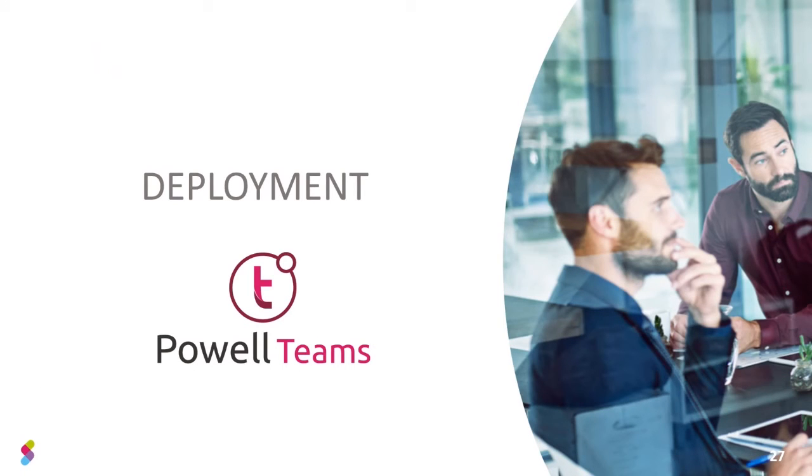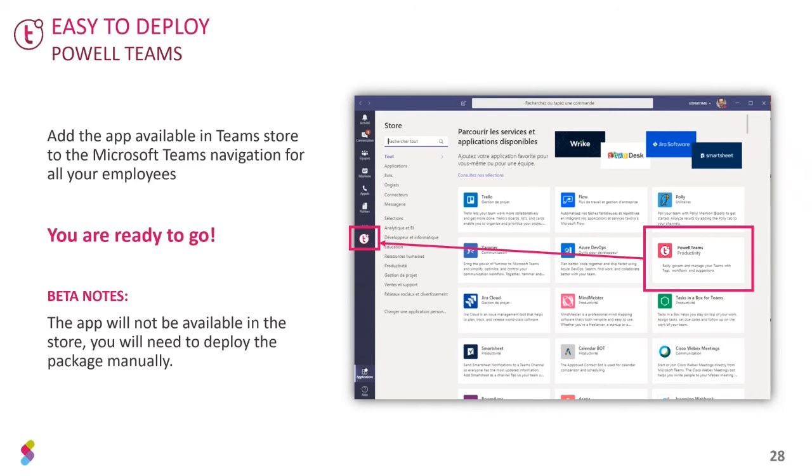So very quickly touching on the deployment process, it's very simple. Please note that as of right now, Power Teams is not available in the store yet. So right now it's a manual deployment. It takes literally less than 10 minutes. It's very easy. But it's pending approval from Microsoft. I know that technically speaking, everything has been approved.